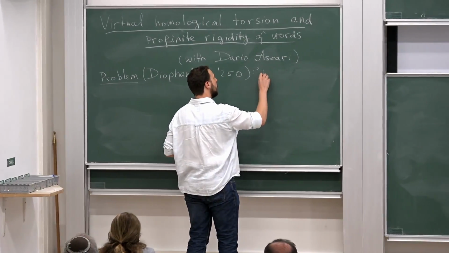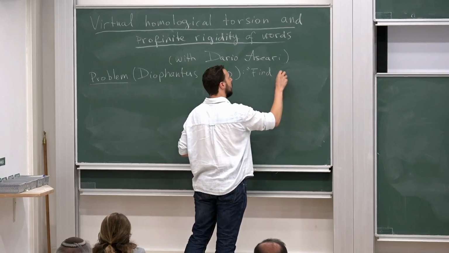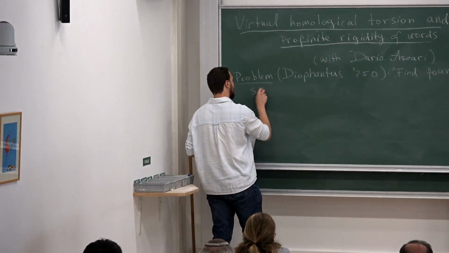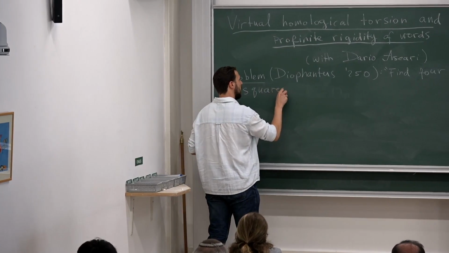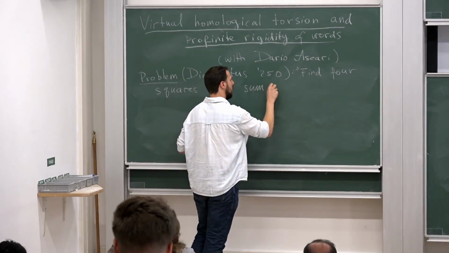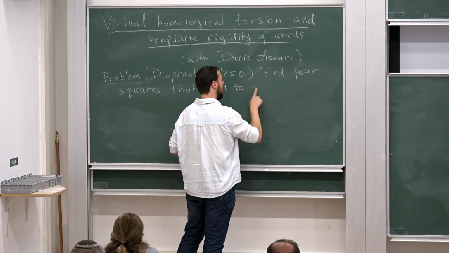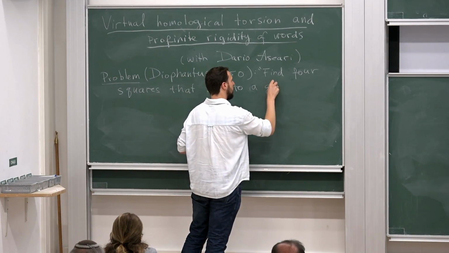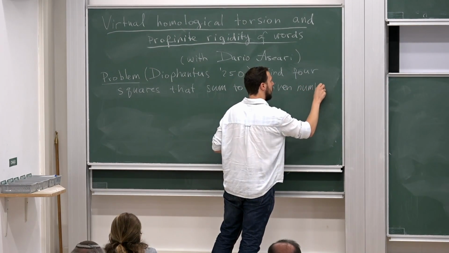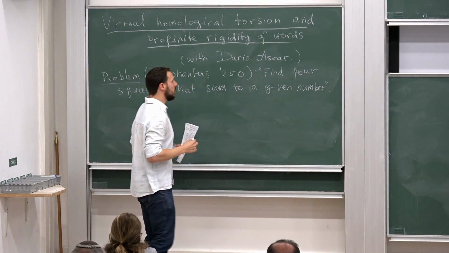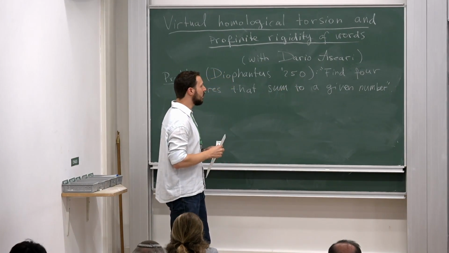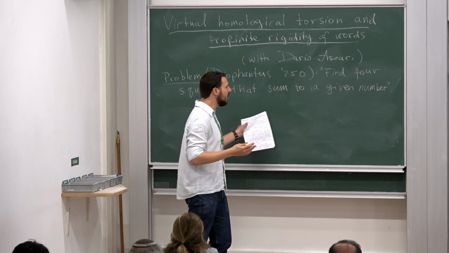So he said, find 4 squares that sum to a given number. I think it's still debatable whether he meant just find some 4 squares that sum to some given number. He also didn't know what a 0 is at the time.